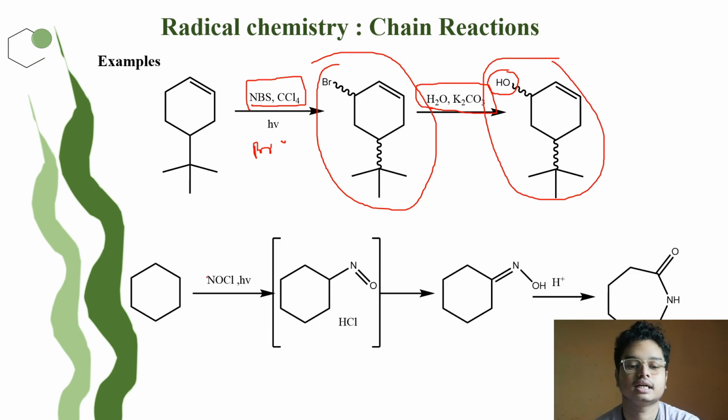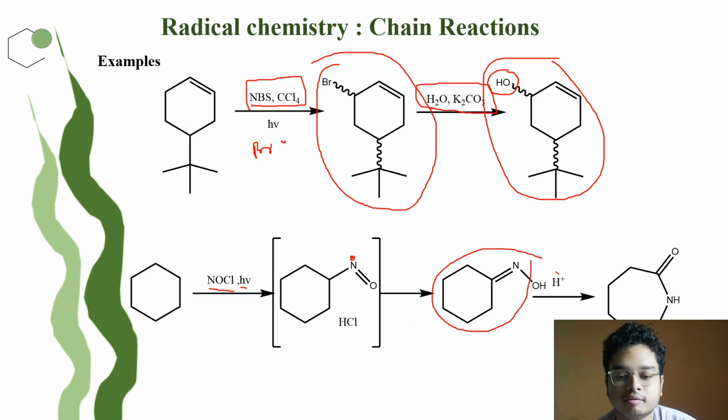Similarly, in our next example, NOCl with light generates this type of radical, which then undergoes rearrangement to give this compound. After that, under acidic conditions, a Beckmann rearrangement is observed to generate this type of compound.